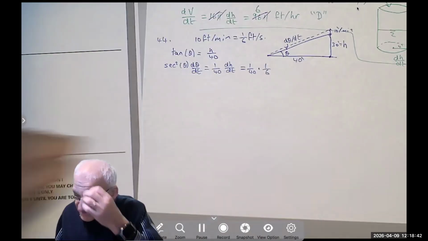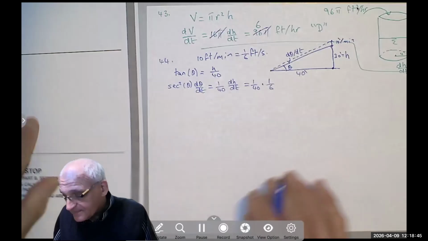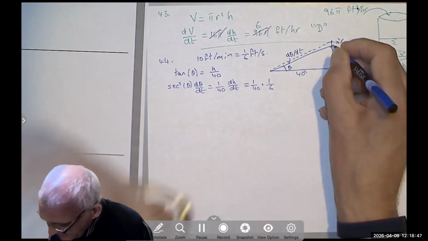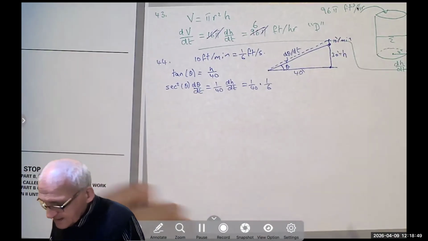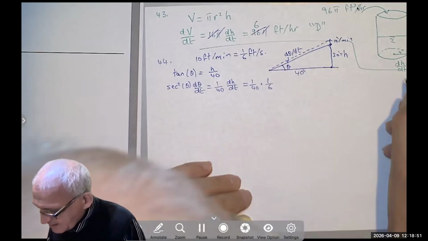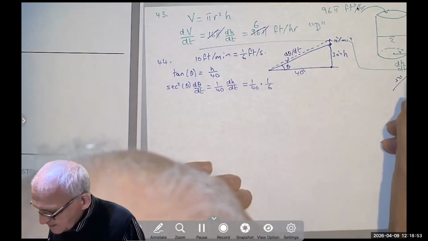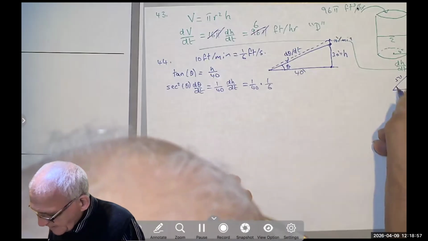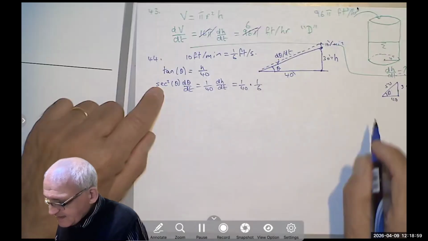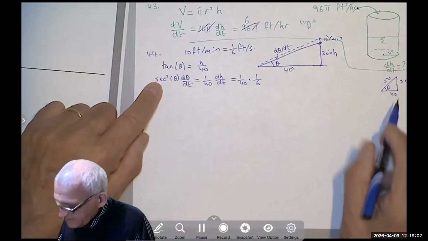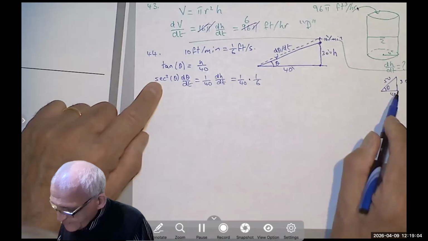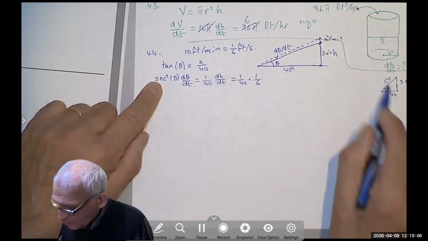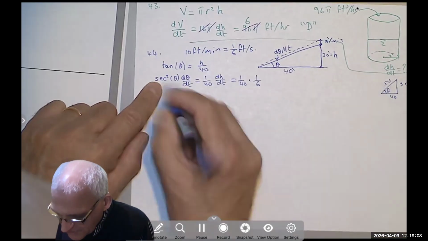But what is secant squared? At the time the guy is here, this is a 3, 4, 5 triangle, right? 50, 30, 40. And this is theta. And secant is 1 over cosine, and cosine is 40 over 50, so this is 50 over 40, or 5/4 squared.